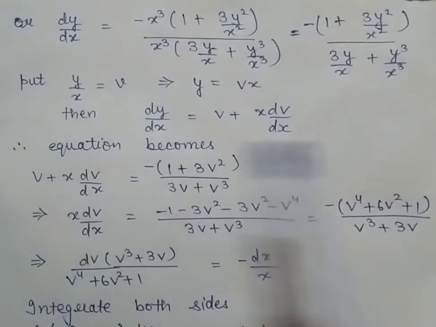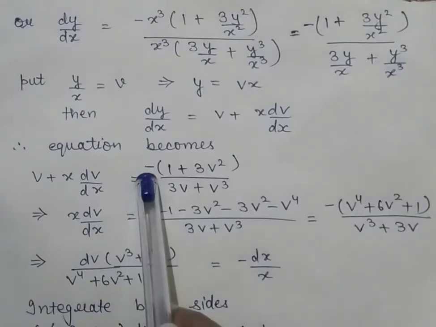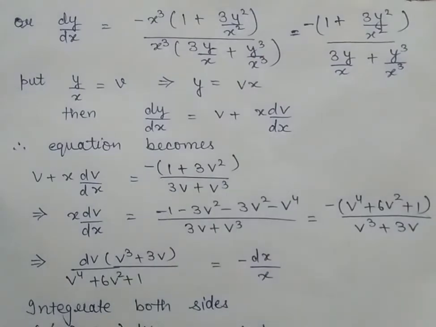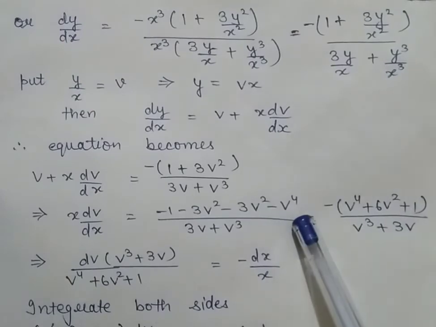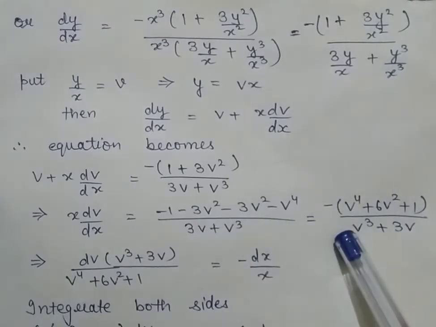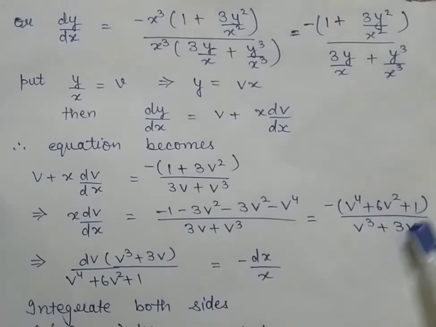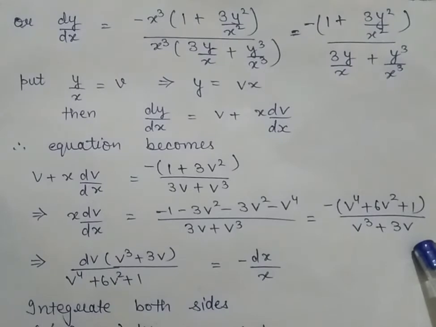If we take v on the right hand side and then take LCM and multiply this minus within the brackets, then this equation becomes x into dv by dx equal to (minus 1 minus 3v square minus 3v square minus v raised to the power 4) divided by (3v plus v cube), and on solving this becomes minus (v raised to the power 4 plus 6v square plus 1) divided by (v cube plus 3v).